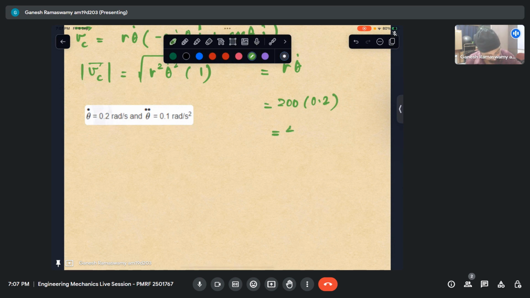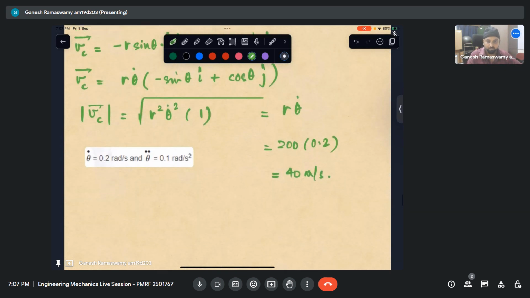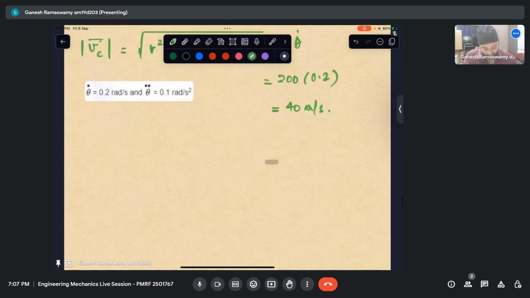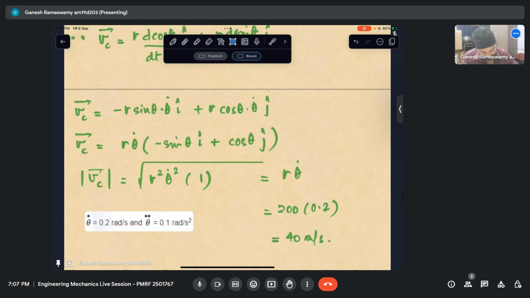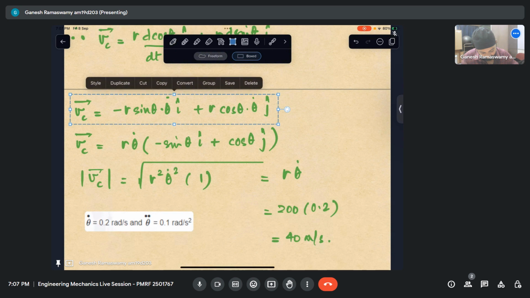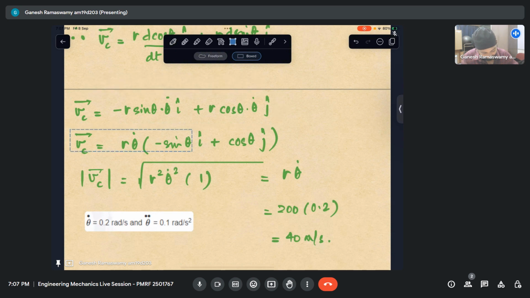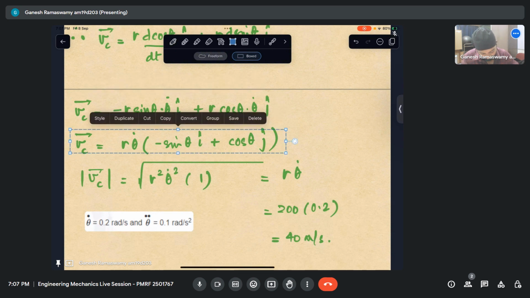Okay, now similarly, let us write acceleration. So we have this as our velocity.